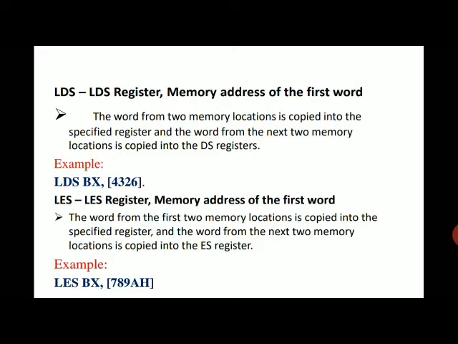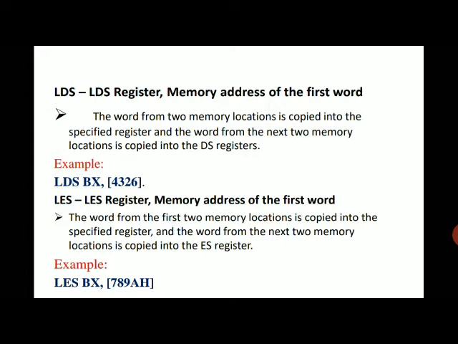That is, the first two memory locations are copied to the specified register, and the next two are given to the DS register. It is explained by the example LDS BX, 4326 memory location.